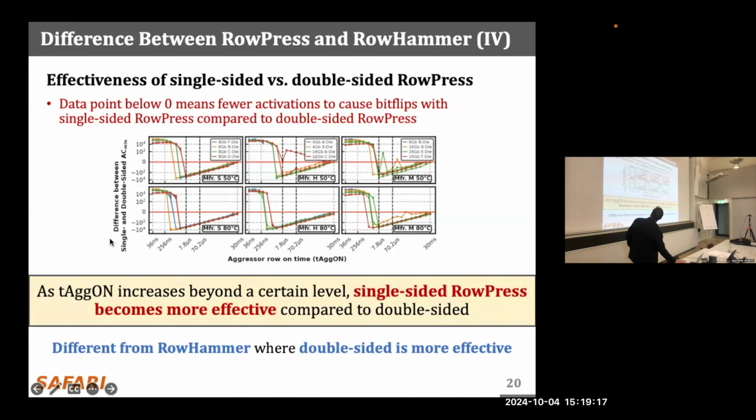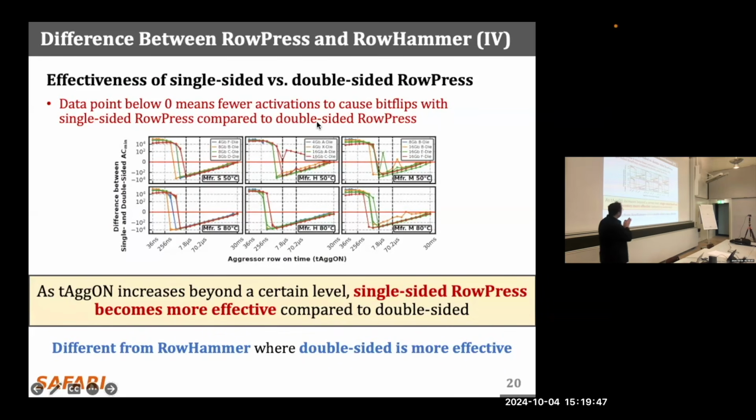We have the difference between single and double-sided ACmin. We compare these two ACmin values in cases of double-sided and single-sided access patterns, and we get the diff of that, right? If the diff is below 0, then fewer activations are necessary to cause bit flips in single-sided RowPress compared to double-sided RowPress.